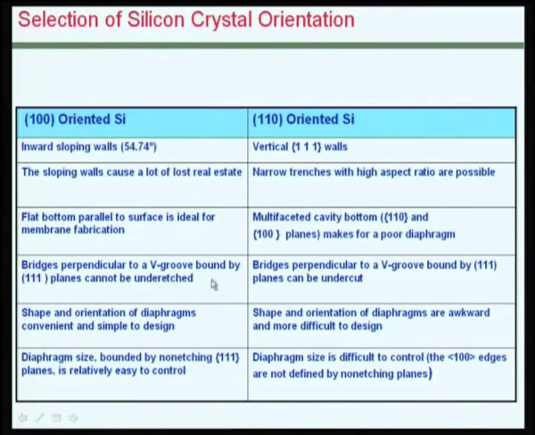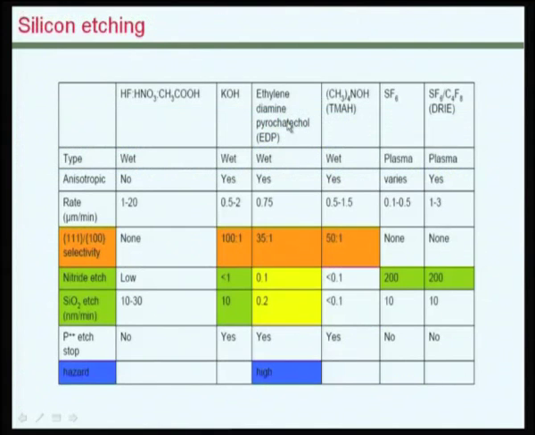Several interesting geometries, as you have seen, could be formed using 100 wafer. We can have diaphragms, we can have small cantilevers formed in 100 wafers. It is difficult to form such geometries with 110 oriented silicon.